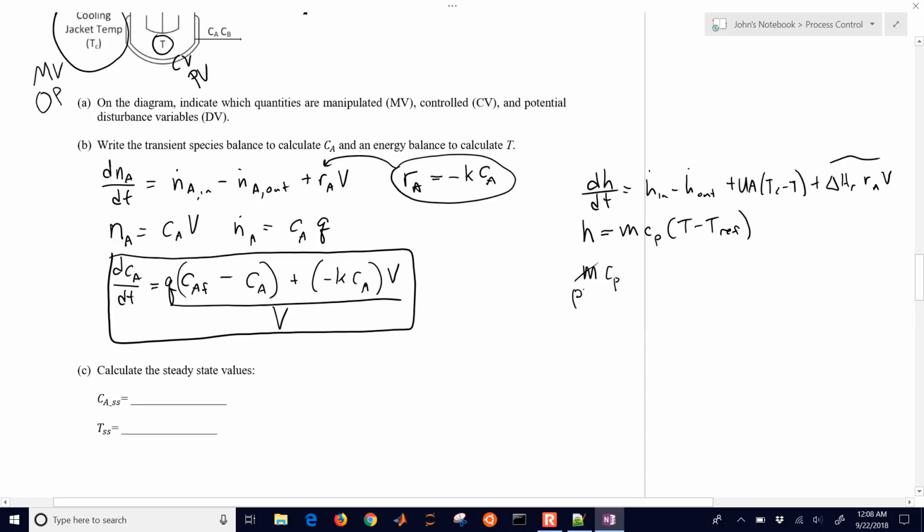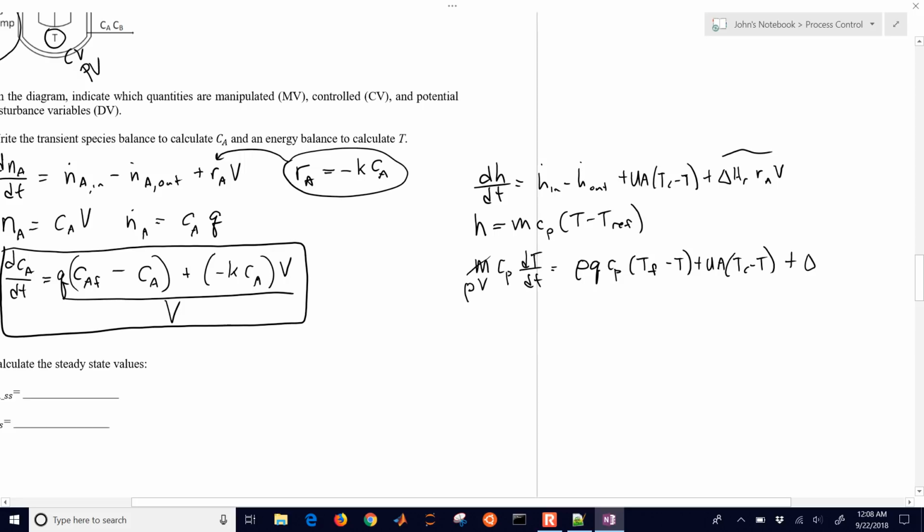You can replace that with rho V if you wanted to, and then we have dT equals, okay, and then I have my rho, my volumetric flow rate times c sub p, temperature feed minus temperature leaving, plus UA (TC minus T), okay, plus heat of reaction times minus K Ca times V. Okay, so here's my energy balance.